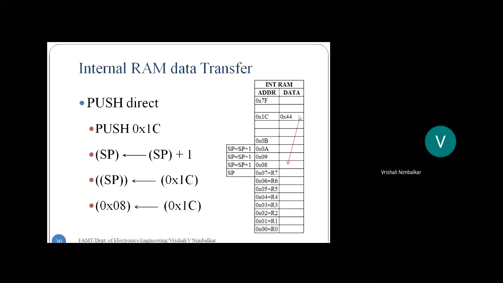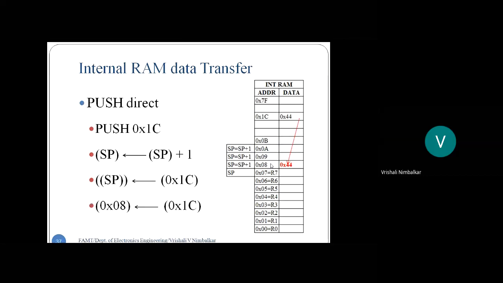Data from 1C hex is picked up and stored onto the stack pointed by the stack pointer. So 44 hex will be copied at this location. Which location?